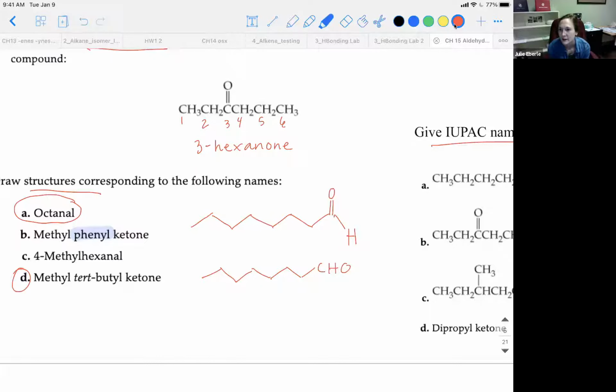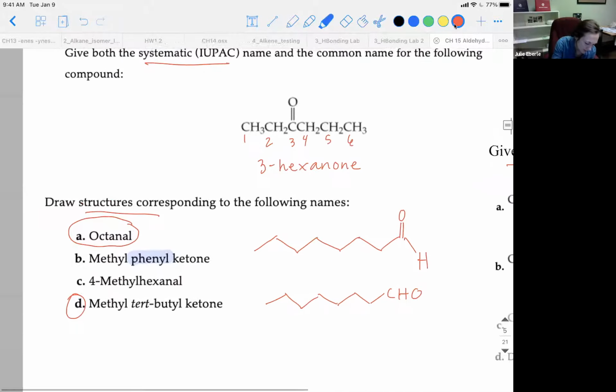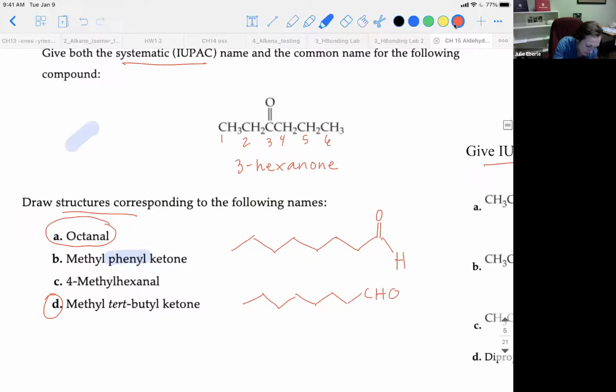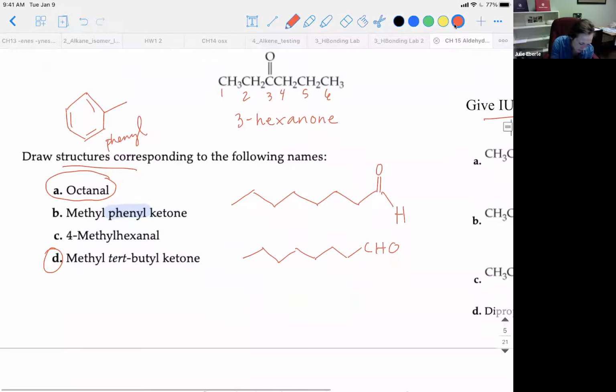So when we talked about aromatics, we talked about benzene. We said when benzene itself is a substituent, so it's like a group branched off of another molecule with another functional group, that is called a phenyl group, okay? So remember that is phenyl. So when you try to draw B.